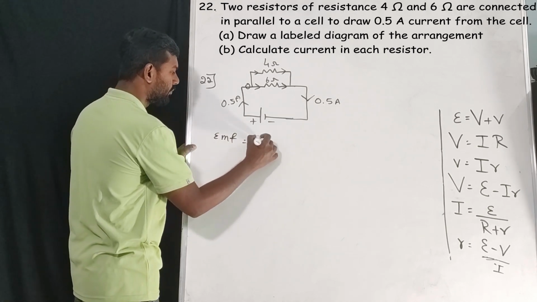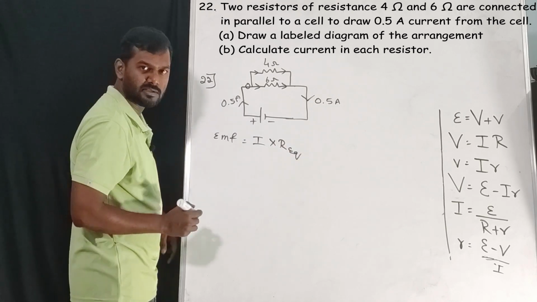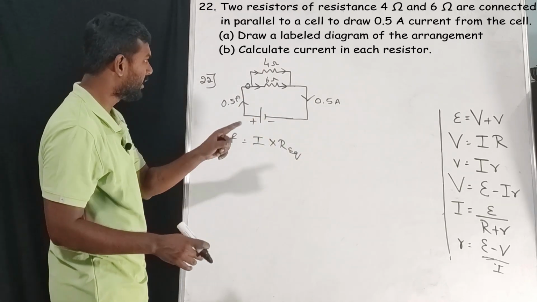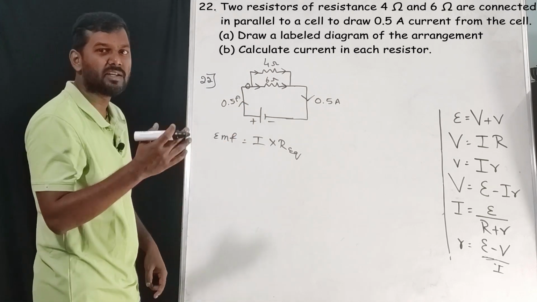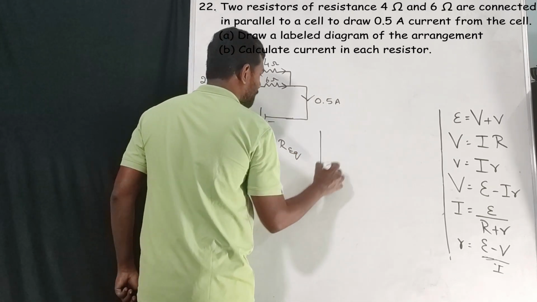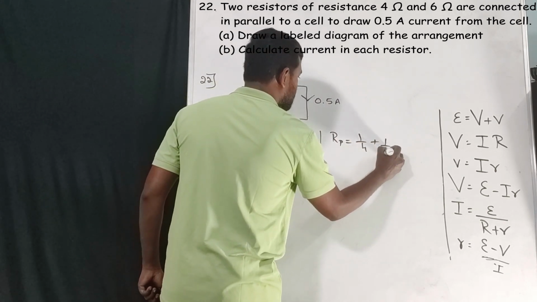EMF is equal to current into equivalent resistance, correct. Do we have the equivalent resistance? No, we have to find it, because these two are in parallel. If they are in series, we can just add them, but these two are in parallel. So 1 by RP is equal to 1 by 4 plus 1 by 6.